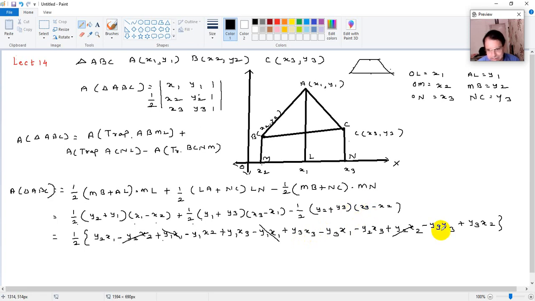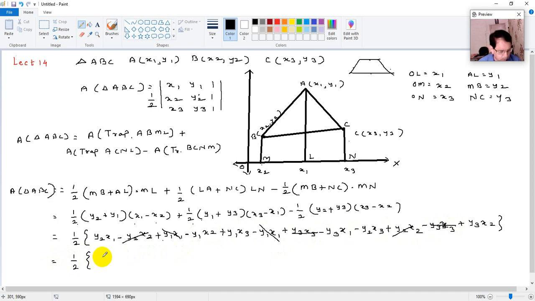This is there, y3 x3. This is by mistake I have written y3 into x3. So this is y3 x3. So this is minus and this is plus. So plus y3 x3 minus y3 x3 gets cancelled. Now what remains is 1/2 into bracket.